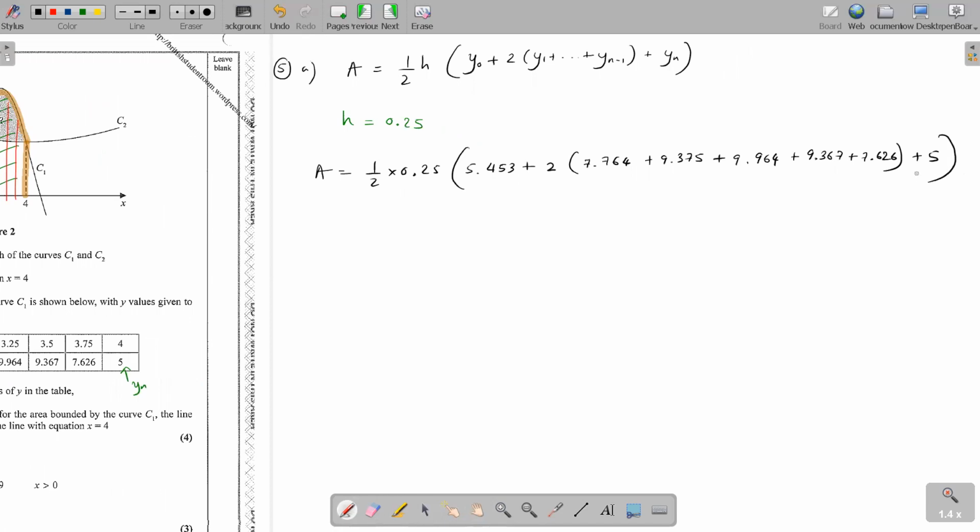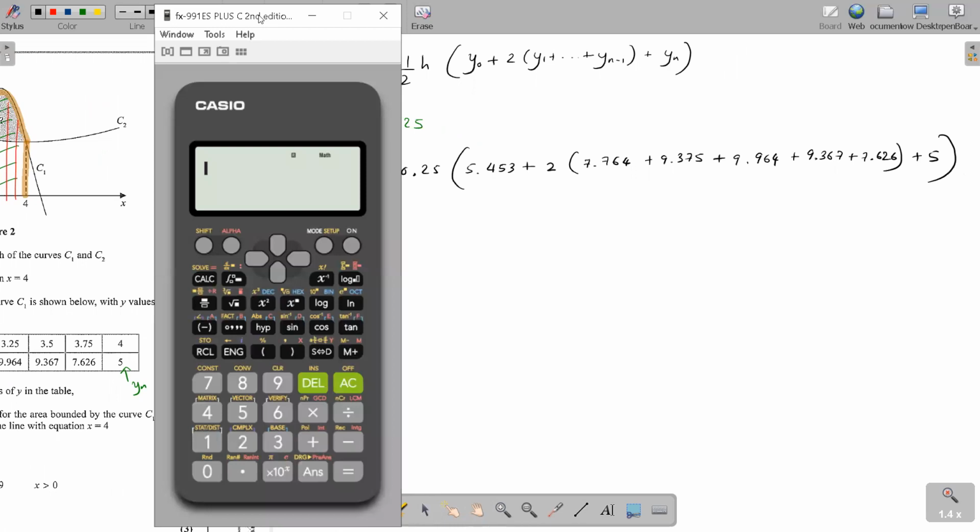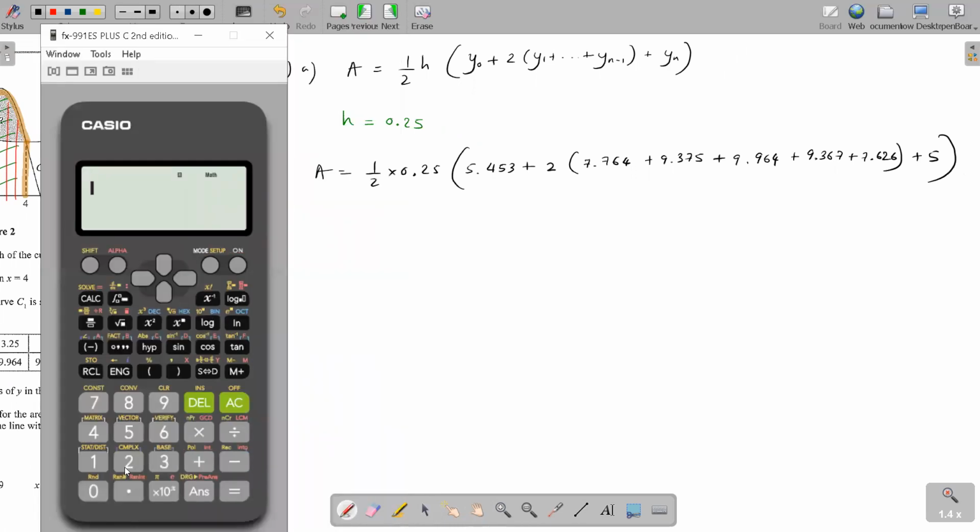Okay, so now it's a matter of typing the whole thing in the calculator. So what I'll do is first I'll add the middle y values: 7.764 plus 9.375 plus 9.964 plus 9.367 plus 7.626. So when I add them, I get 44.096.